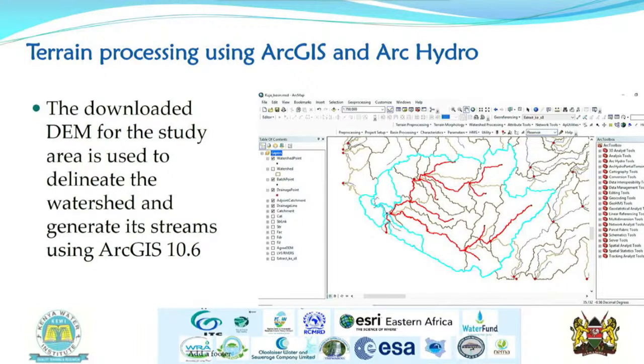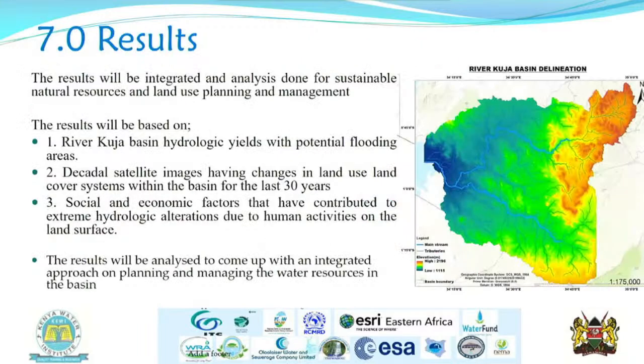Then we have terrain processing. The DEM will be used to delineate the watershed, and the process that already started looks like that for the basin. So the results of this will be integrated for sustainable natural resources and land use planning and management.